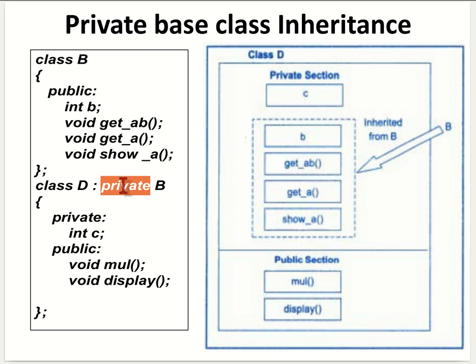It will be inherited in the private section only. If we create an object of this class T, it is not accessible outside. Inside the display function only can we utilize these things, because they are inside the private section of this class T.